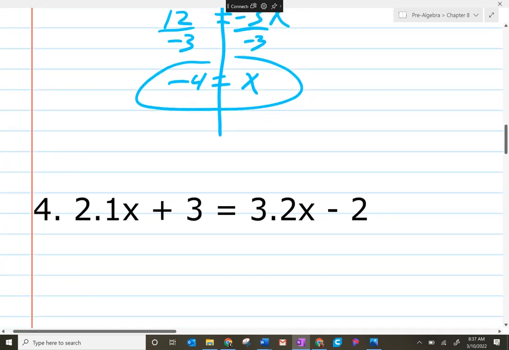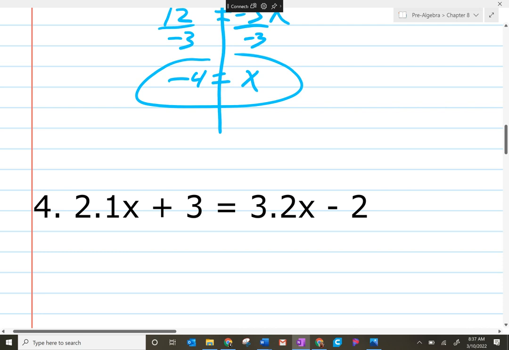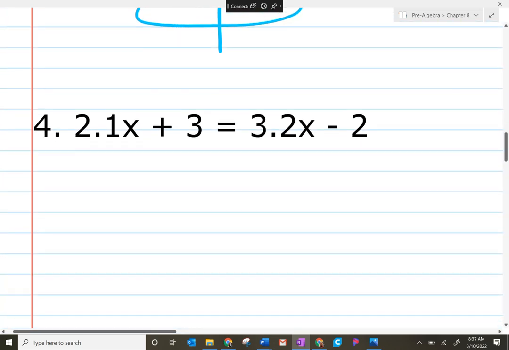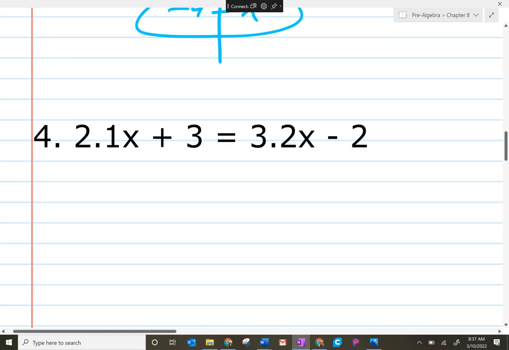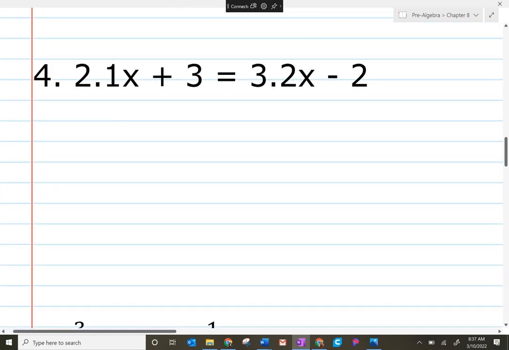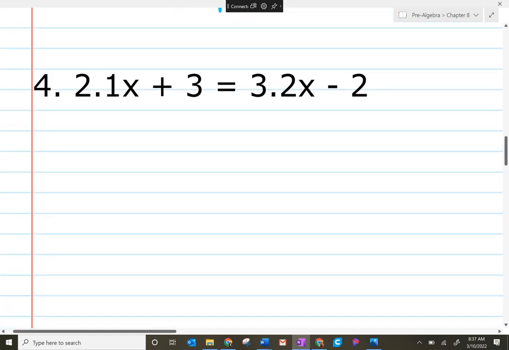Okay. Just because we have done one, I do want to show you this one. Sorry, was there enough time to write that? Yeah. Okay. I've got this one. It says 2.1x plus 3 equals 3.2x minus 2. Looks scary because there's 4 things up there.